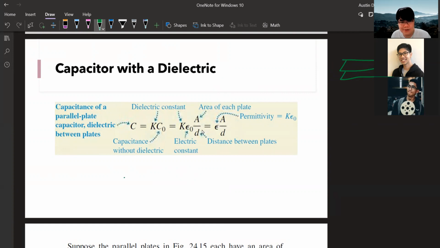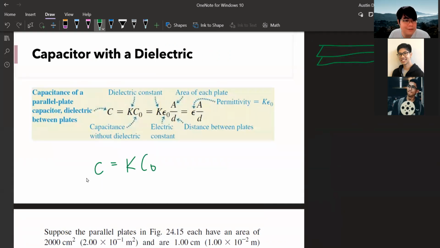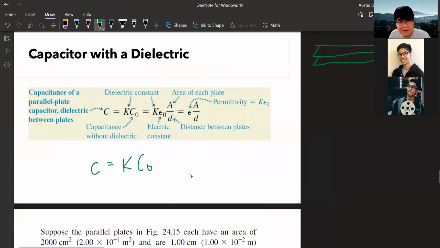Okay? So, C is equal to K, C naught. So, C naught is the capacitance without the dielectric. And you can see here from this equation alone that dielectrics make the capacitor stronger. By stronger, meaning mas malaki yung nase-store niya na energy.